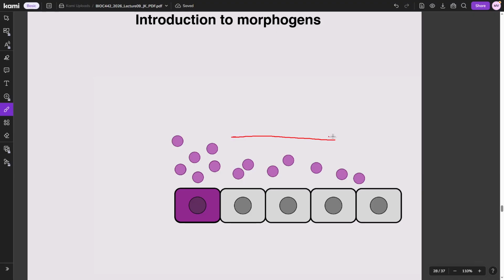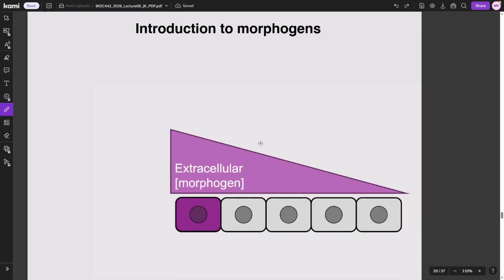So it'll continue to diffuse, but you'll have smaller amounts of the chemical here compared to here, compared to here, compared to here. So the main idea is you get this concentration gradient, which is what you see here. You have high levels of the morphogen over here in this area, and then as you go to the right, it gets lower and lower.